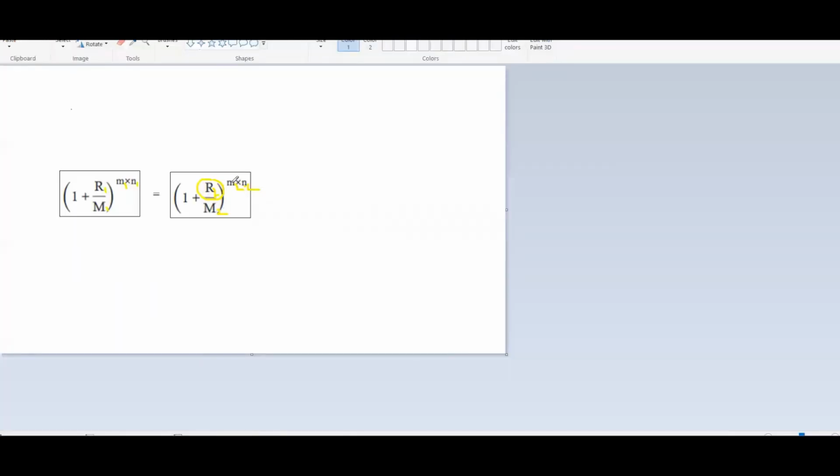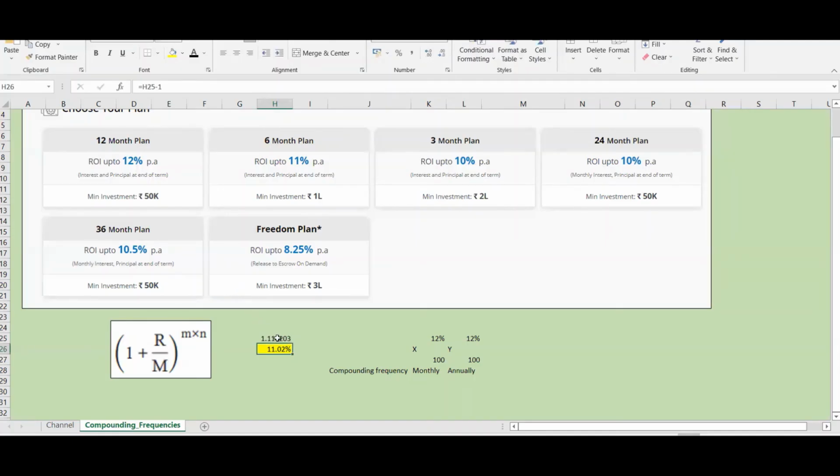So this is 1, this is 1, and the number of years was already 1. So this denominator will disappear, these two also will disappear. Over here it is just 1. So if I have to calculate this R2, whatever number I get, which in this case was 1.11, I'll just subtract 1, which I have done in this equation. On the subtraction of 1, I get 11.02%.